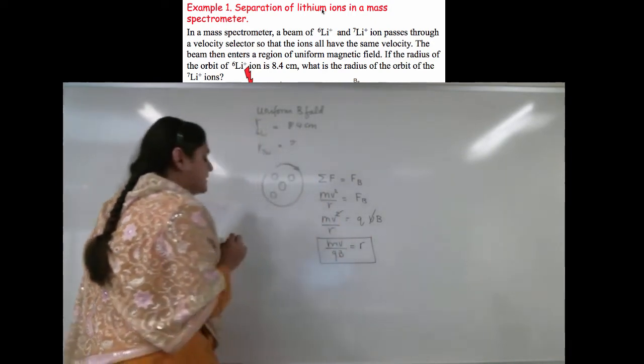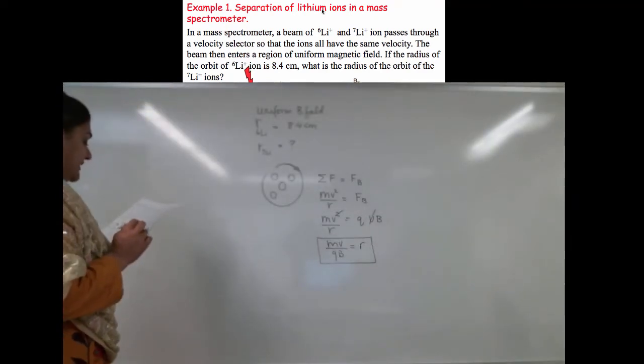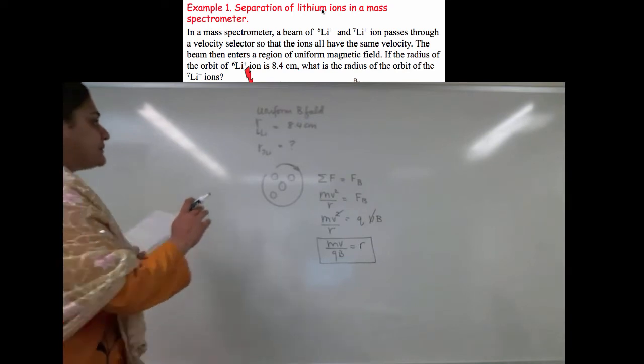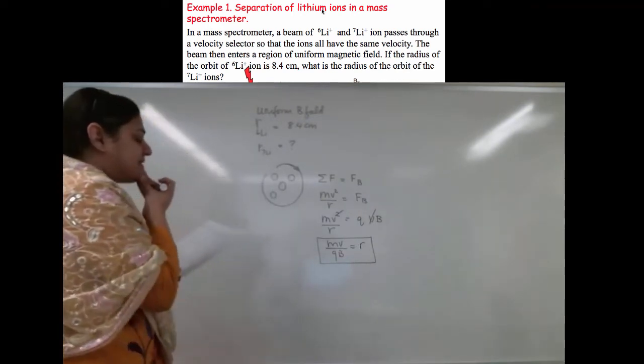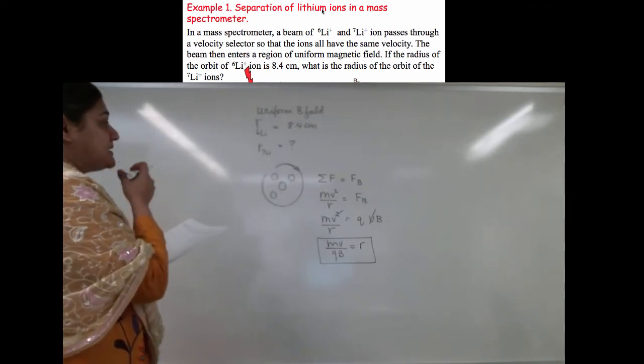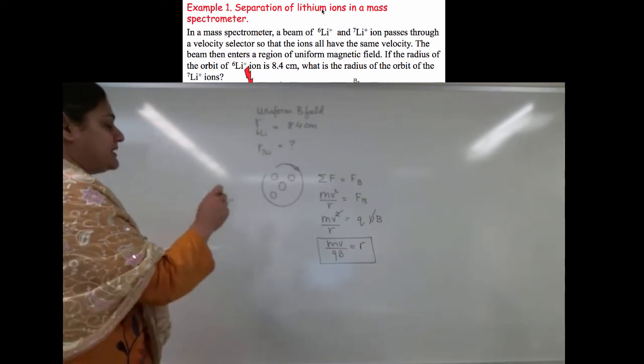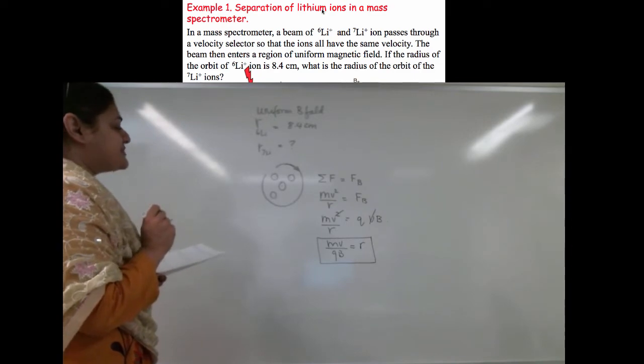Okay, excellent. Now, what do I need in order to solve this? I need the radius of the lithium-7 ion. So if I can find the radius of the lithium-6 ion, I can find the radius of the lithium-7 from there.